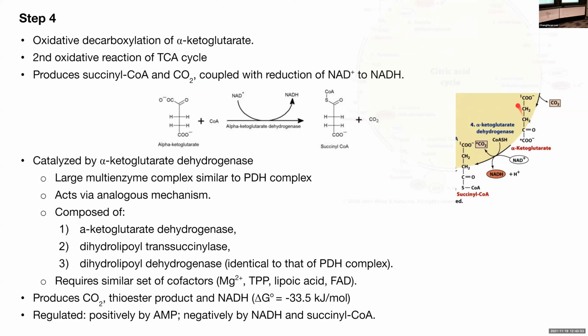So the next step, step 4, is about the oxidative decarboxylation again of the alpha ketoglutarate. Since it has another carboxylate here, this one can be detached and converted to carbon dioxide, and will generate succinyl-CoA with the coenzyme A here.